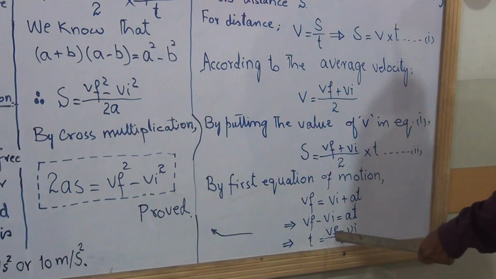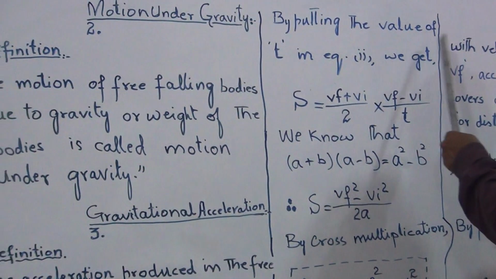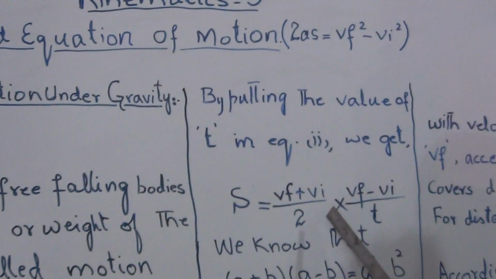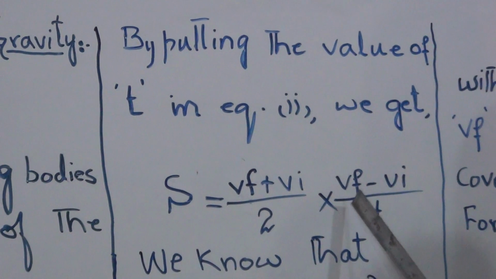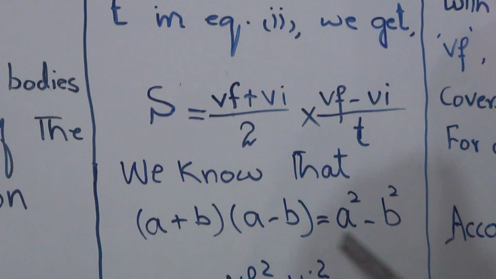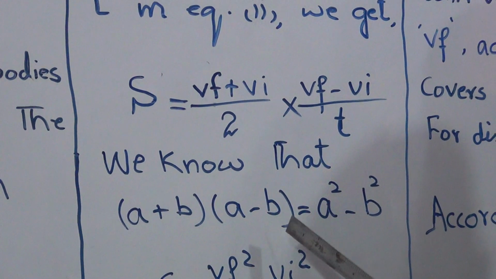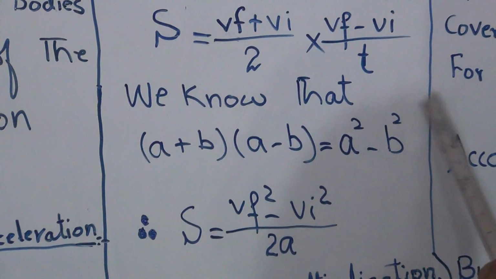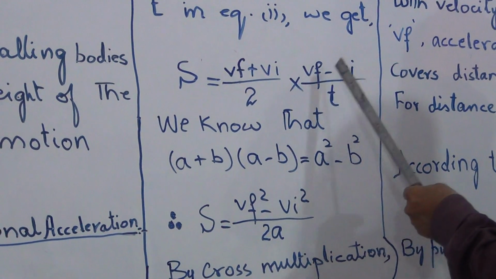Instead of t, we will write Vf minus Vi upon A. Look, by putting the value of t in equation 2, we get s is equal to Vf plus Vi upon 2 multiply, instead of t, you have written Vf minus Vi upon A. We know this formula, this is the basic formula of algebra: a plus b into a minus b is equal to a square minus b square. So we will apply the formula here. This is a plus b and this one is a minus b.